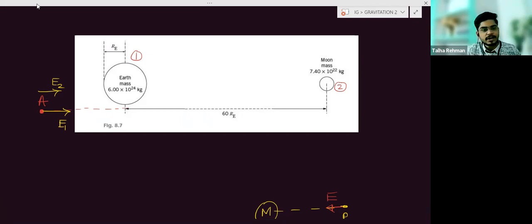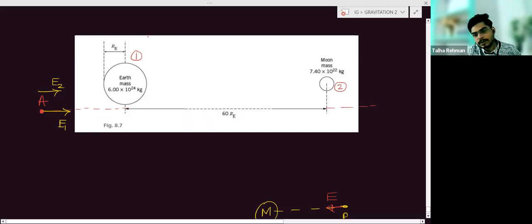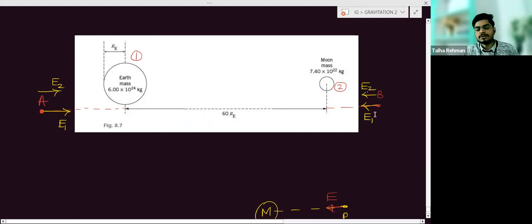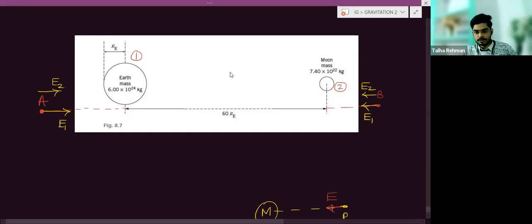Now take another point on the right of the Moon. Suppose this is point B. Here the direction of E1 will be in this direction, and E2 will also be in this direction. E1 is the gravitational field due to Earth, E2 is the gravitational field due to Moon.